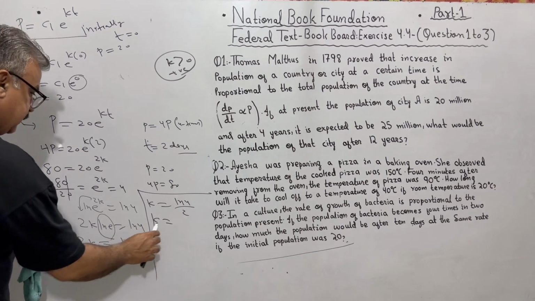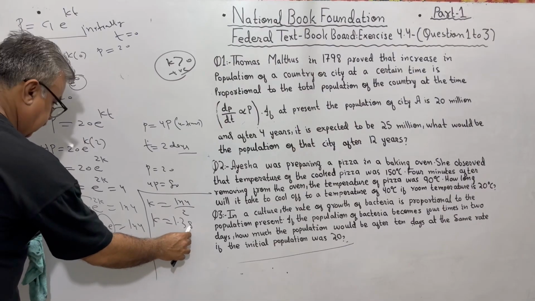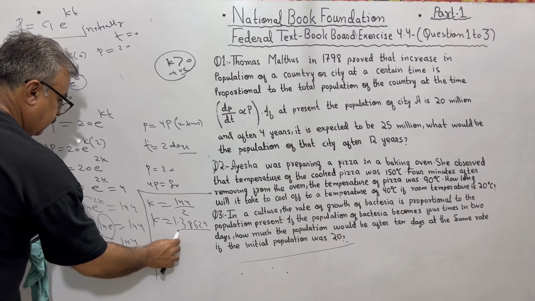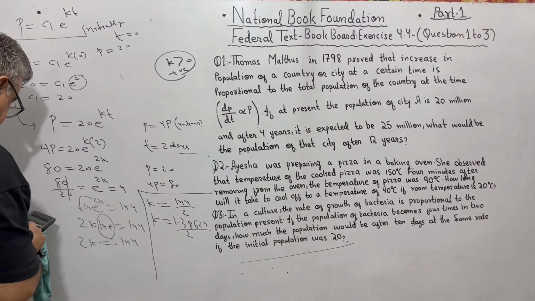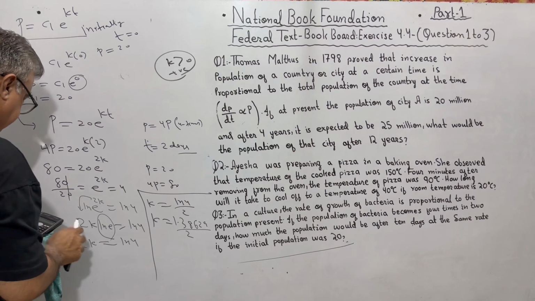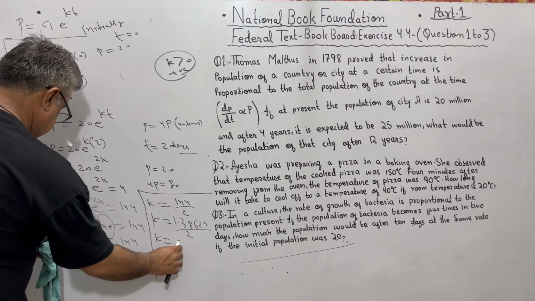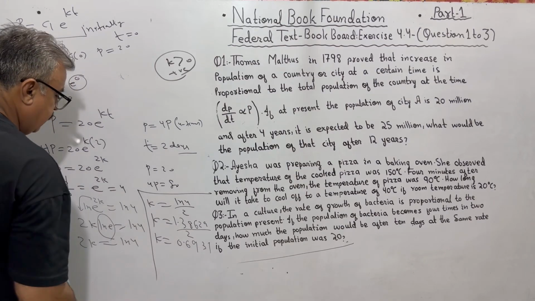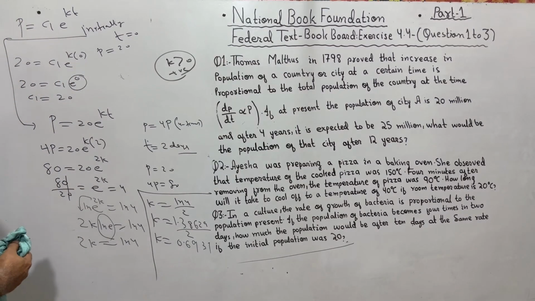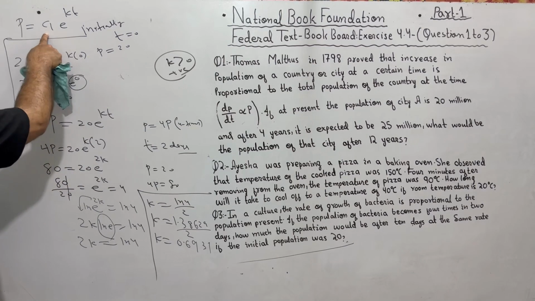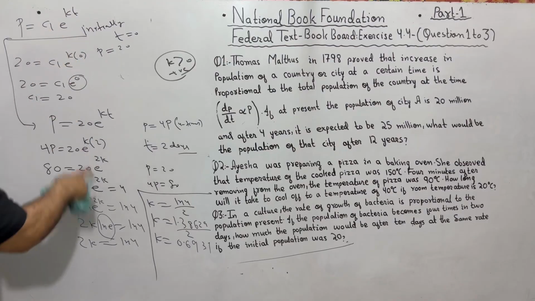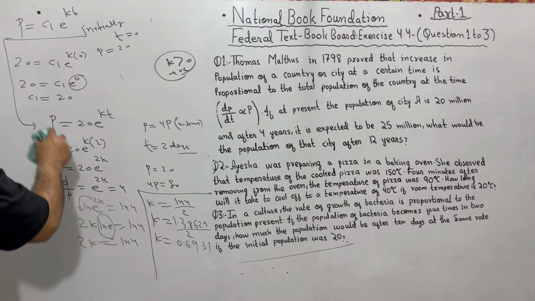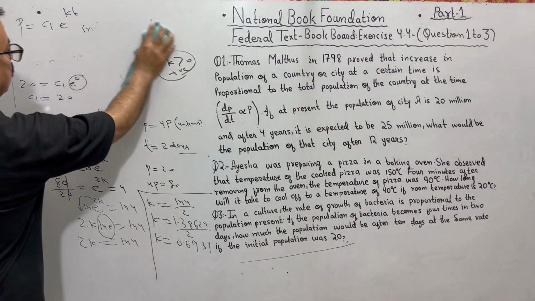Value of ln 4 is 1.38629 divided by 2. K is 0.6931, whatever the case is. We have managed the value of k as well. Right here, c1 is 20, k is 0.693. Then jump to the final conclusion of what we are asked to do.